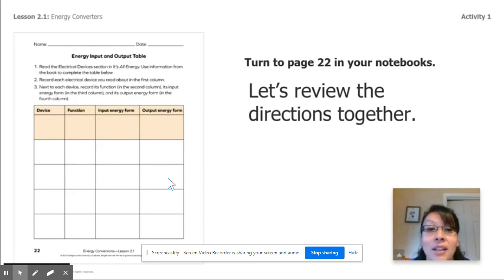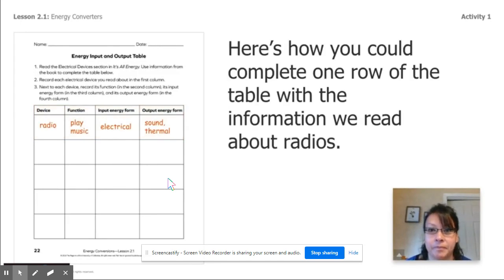Record each electrical device you read about in the first column. Next to each device, record its function in the second column, its input energy form, like how does it work, in the third column, and its output energy form in the fourth column. Completing this table is going to help you think about the function of electrical devices and how they work.